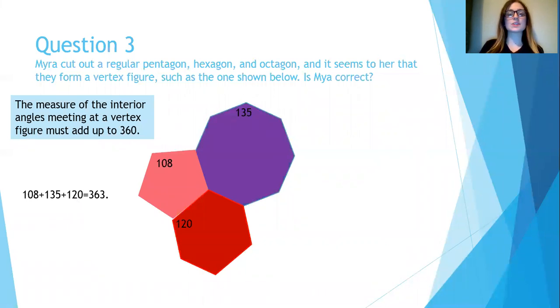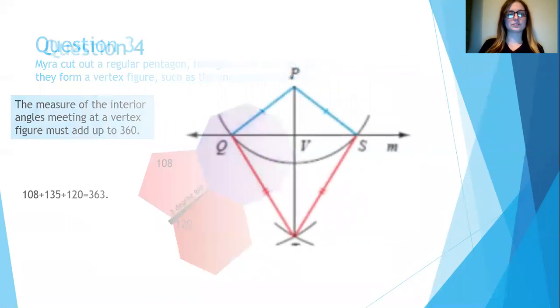So Myra is not correct. But how could we change this into a vertex figure? So to turn this into a vertex figure, we would have to put this 3-degree gap right here in between our figures. Now let's go to question 4.